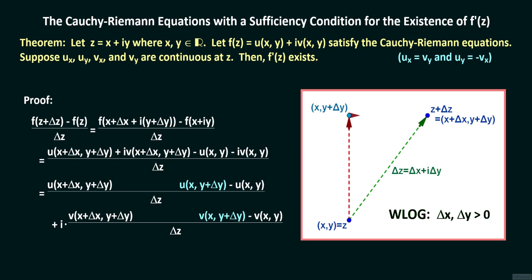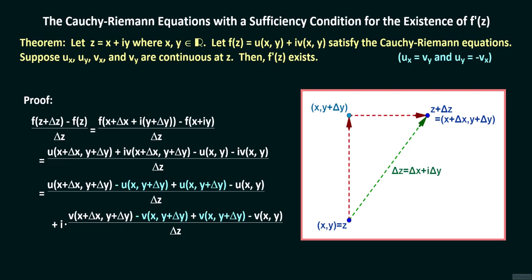Then from the point x, y plus delta y, we proceed horizontally to the point x plus delta x, y plus delta y. Algebraically, this corresponds to subtracting u of x, y plus delta y from u of x plus delta x, y plus delta y, and v of x, y plus delta y from v of x plus delta x, y plus delta y. This way, we change the form of the difference quotient while preserving its value.